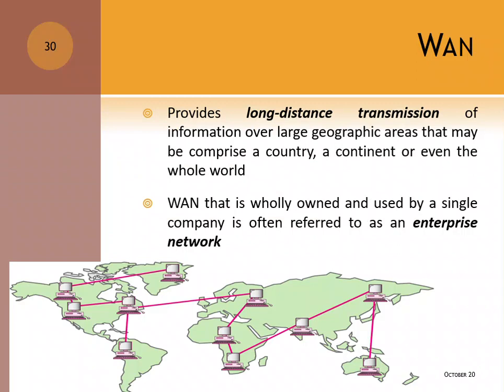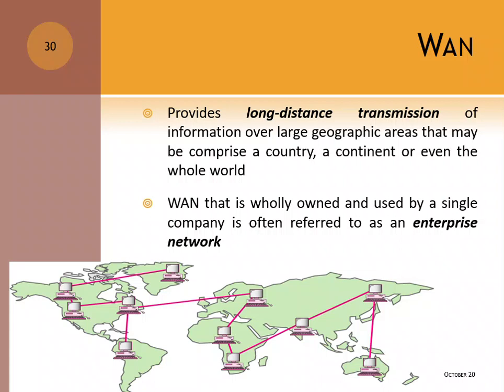Okay. Next, WAN provides long distance transmission of information over large geographic areas that may comprise a country, continent, or even the whole world. One that is wholly owned and used by a single company is often referred to as an enterprise network.